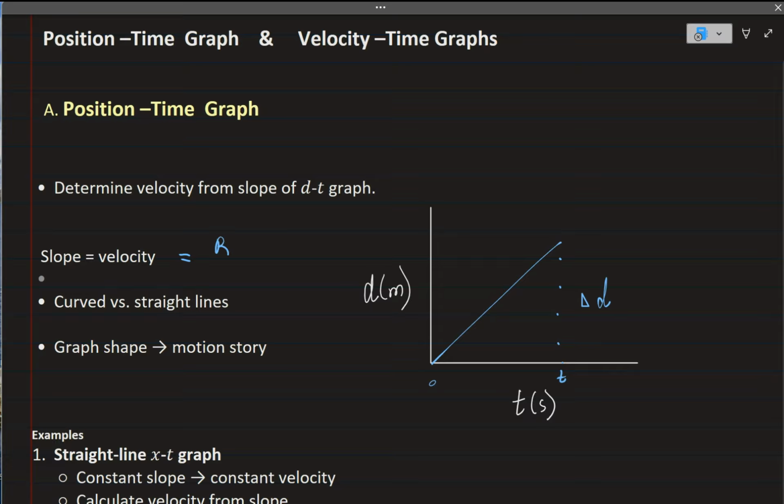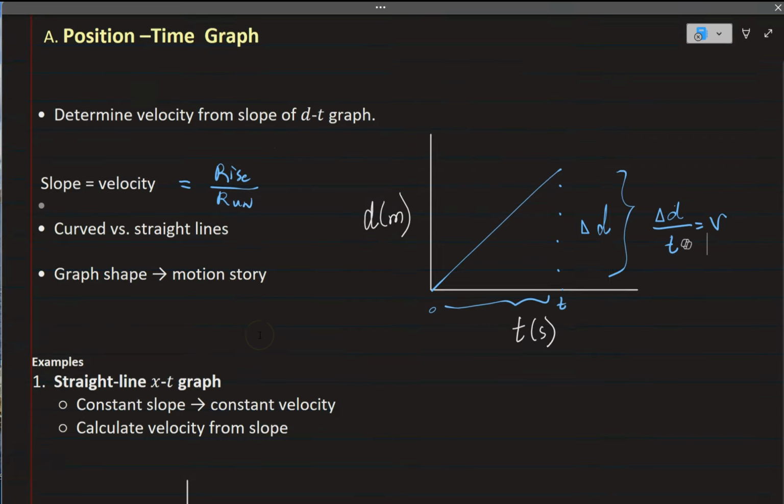Well, a slope is rise over run. Our rise is delta D and our run is T. So delta D divided by T, that's our slope, which is the velocity.